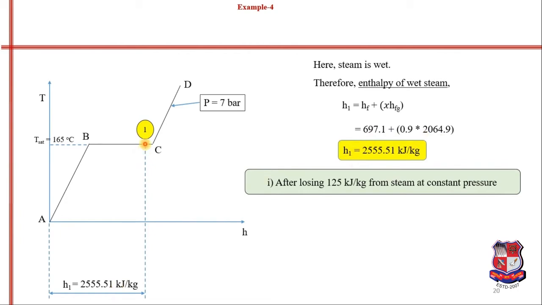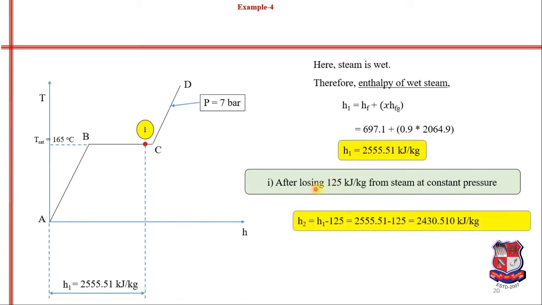Now we will take up the cases. First case: after losing 125 kilojoule per kg from steam at constant pressure, what will be the dryness fraction? From this much enthalpy, we are losing 125 kilojoule per kg, so we are subtracting 125 kilojoule per kg from the initial enthalpy.